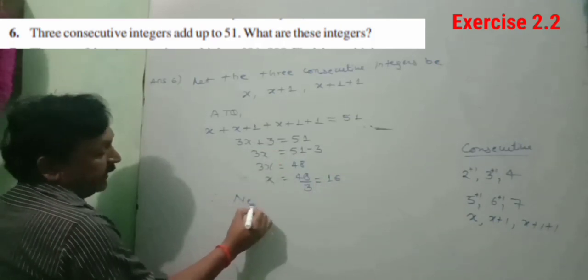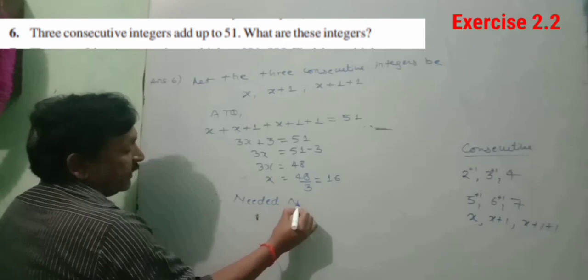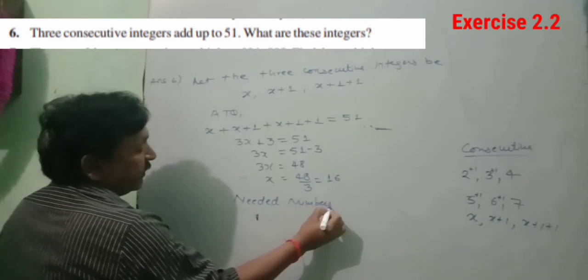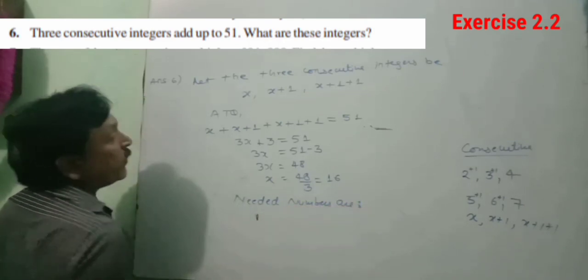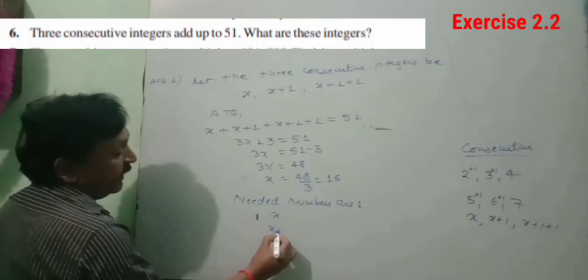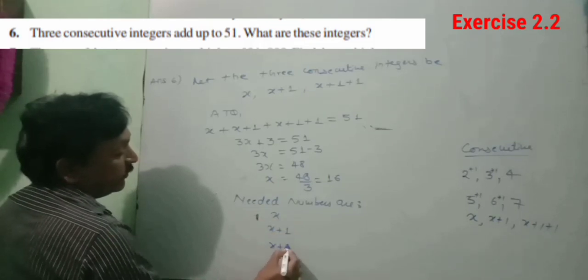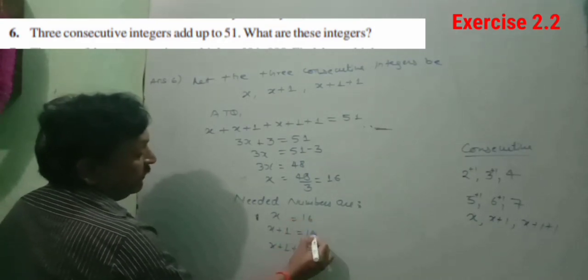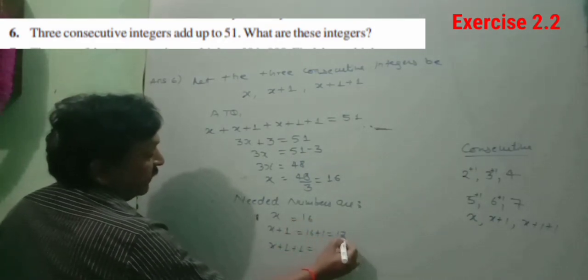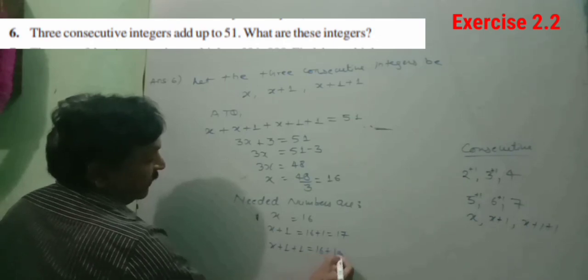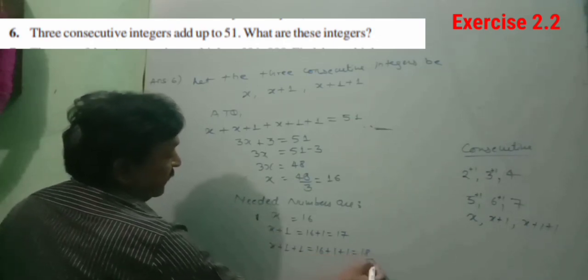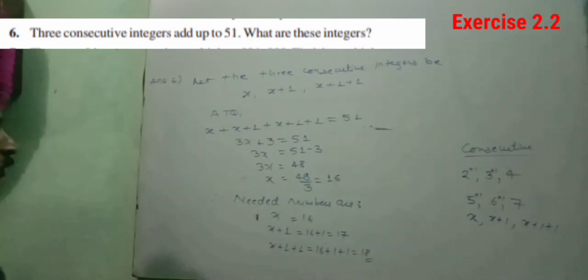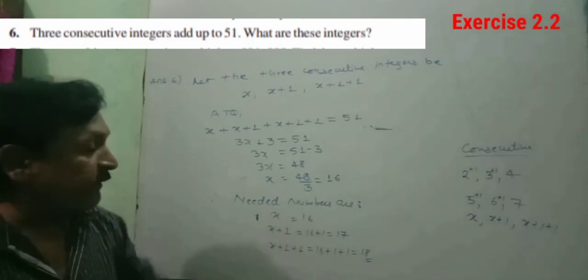Therefore, the needed numbers are, what were the numbers? x, x plus 1, x plus 1 plus 1. So we can say it is 16, 16 plus 1 it is 17, 16 plus 1 plus 1 it is 18. So the 3 consecutive integers are 16, 17, 18.